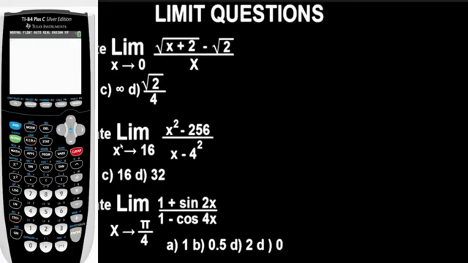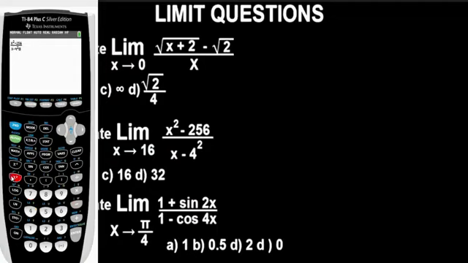Let's clear this. Let's input the function, the values we have here. So we bring out the fraction button, alpha, trace button. Okay, press this, then press 1. So we have x square minus 256, over x minus 4 square.